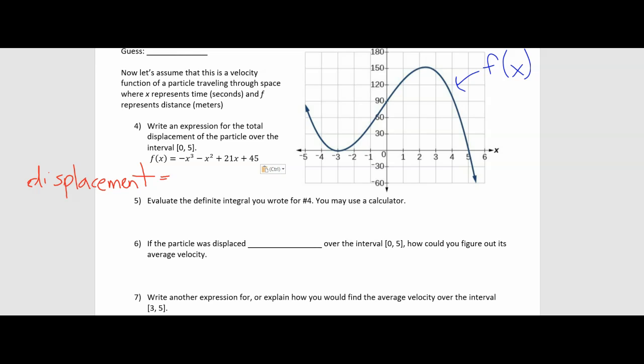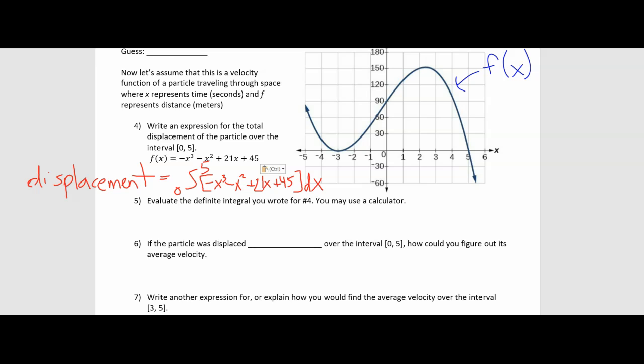So displacement is going to be the integral from 0 to 5 of f of x, so negative x cubed minus x squared plus 21x plus 45, and then don't forget your dx at the end. So that would represent the total displacement. Now you need to evaluate that integral. You are allowed to use a calculator. You don't need to do that by hand. So quickly punch that in, round to 3 decimal places.